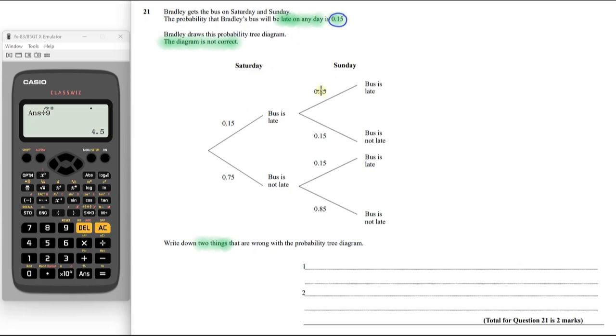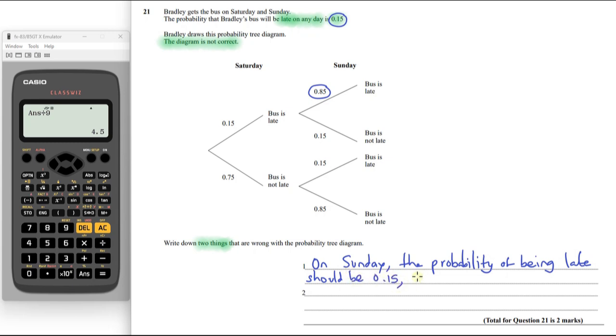Straight away something's jumping out at me. I just said it should be 0.15 on Saturday and Sunday, but here we've got 0.85. So one thing that's wrong is that on Sunday, the probability of being late should be 0.15, not 0.85.